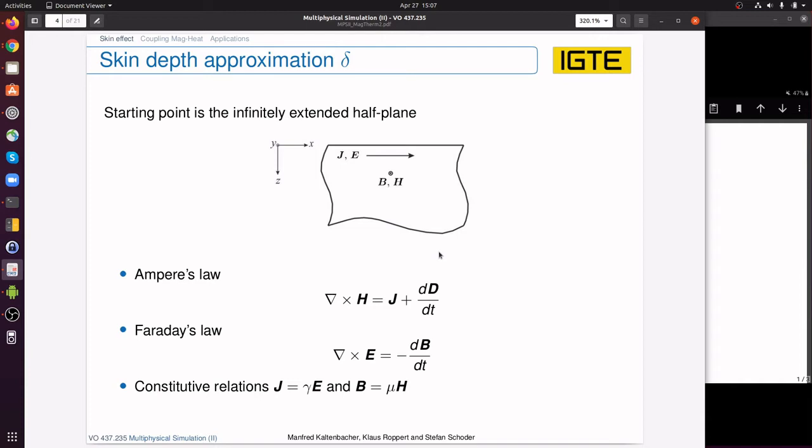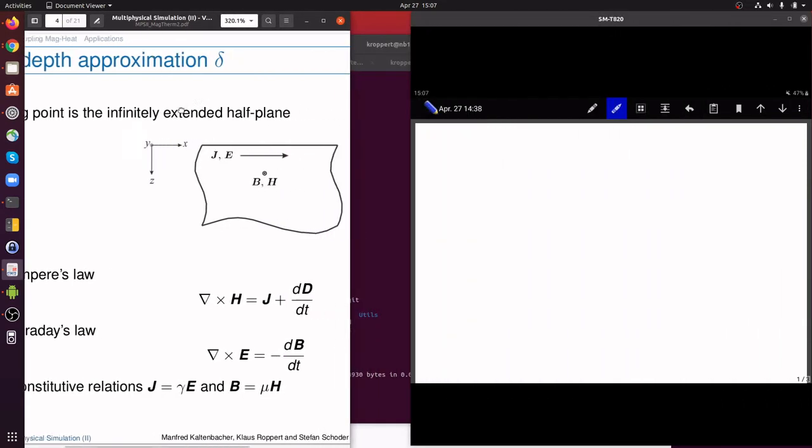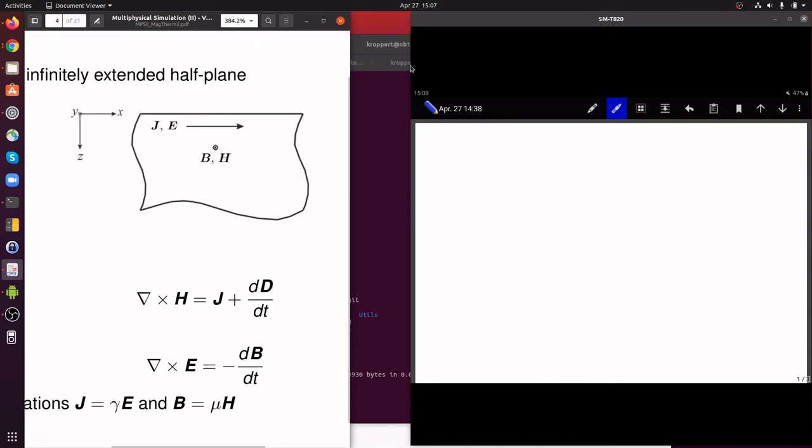So J is electric conductivity times E, and B is mu times H. Now the question is, how can we deal with these equations in this infinitely extended half plane? So let's first investigate what happens to this curl operator in this infinite half plane, and we'll do this again on the tablet here on the right.